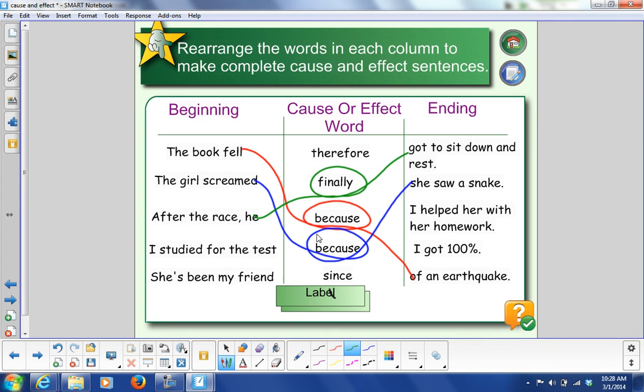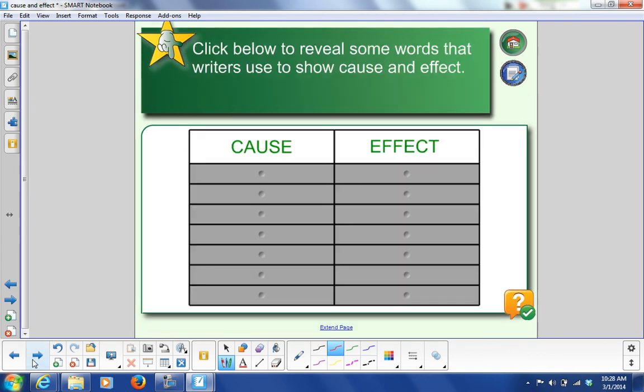Okay? Therefore makes better sense. Alright, she's been my friend since I helped her with her homework. That makes great sense for a sentence. So I'm going to go with that. And that is how we make sentences with cause and effect.